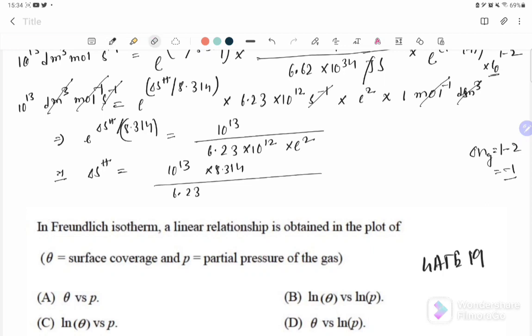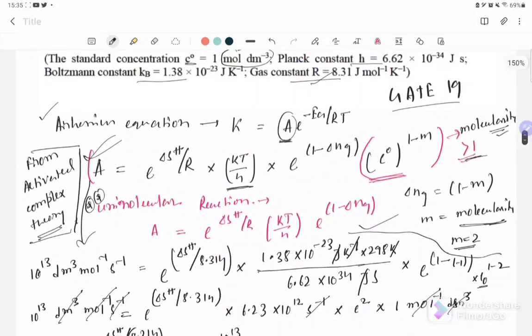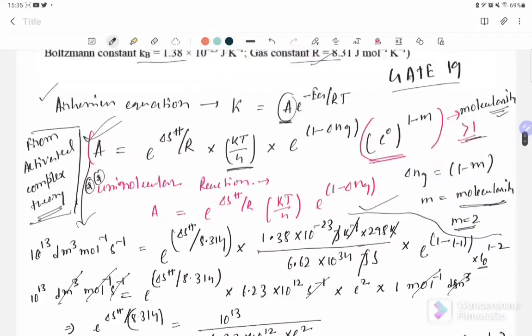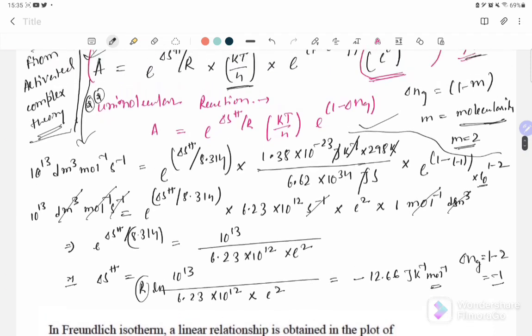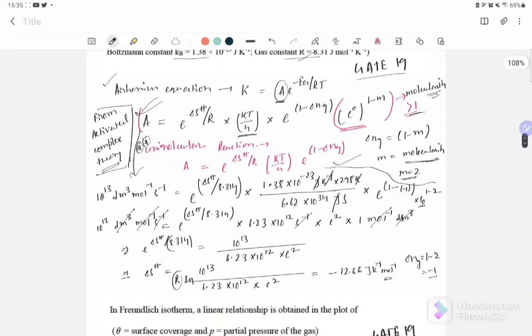Sorry, 8.314 will not be there because it is ln here, and here R, I'm writing it as R. So that is 10 to the power 12 into e square. If you calculate this, it will be minus 12.66, and the unit is that of R, that is joule per Kelvin per mole. So this is our answer.